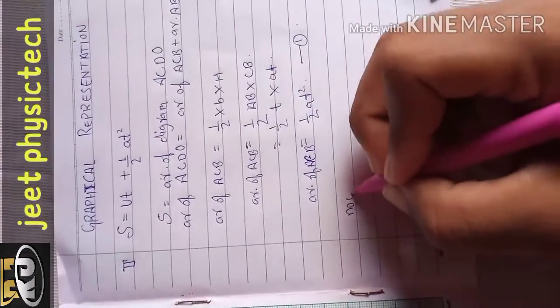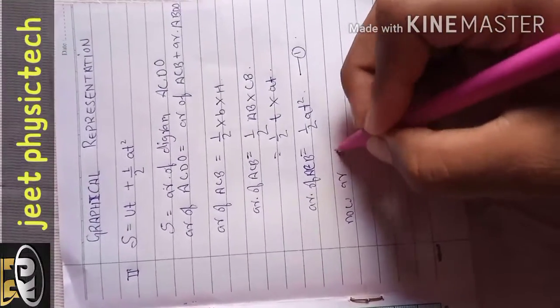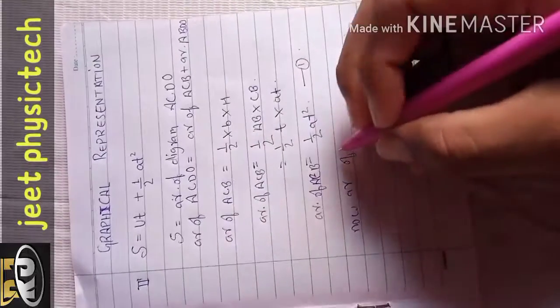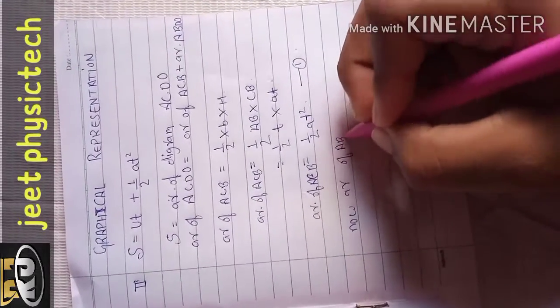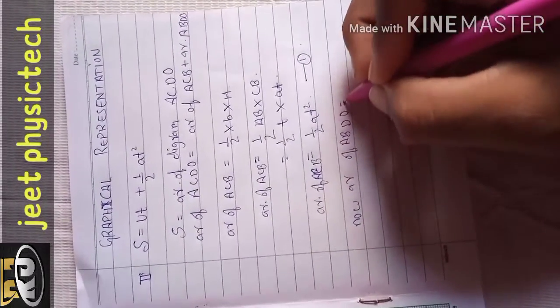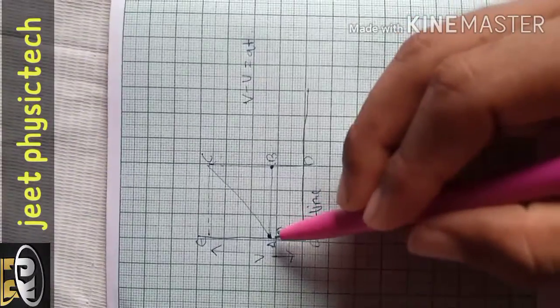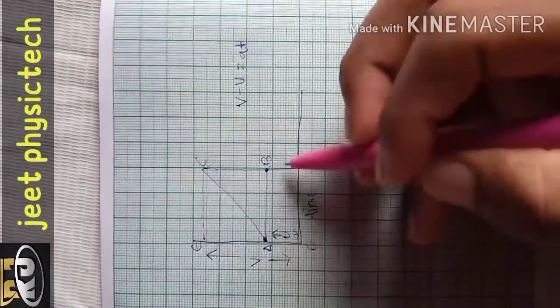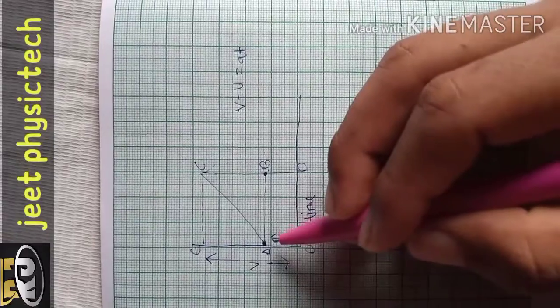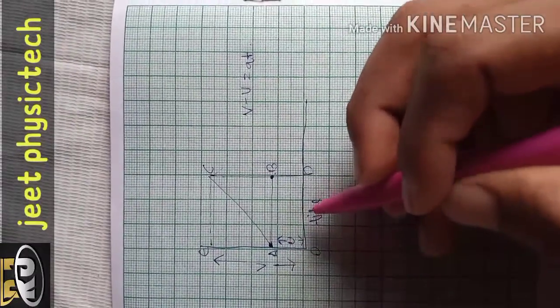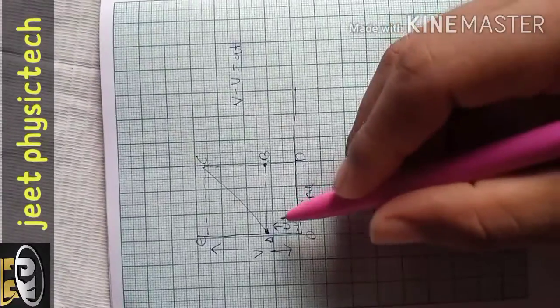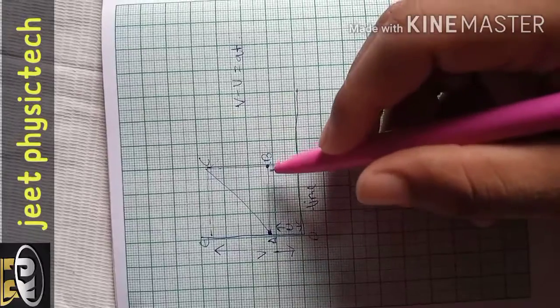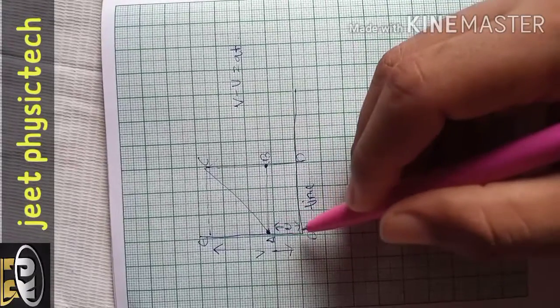Now the area of ABDO. In this diagram ABDO is a rectangle. The area of a rectangle is equal to length into breadth. The length of this diagram is AB and the breadth is AO.